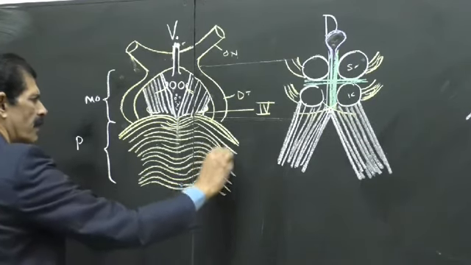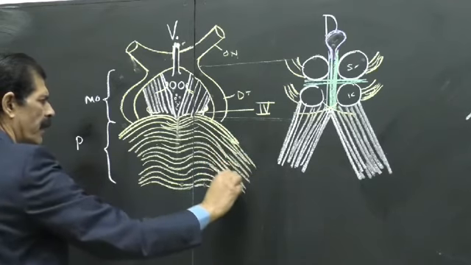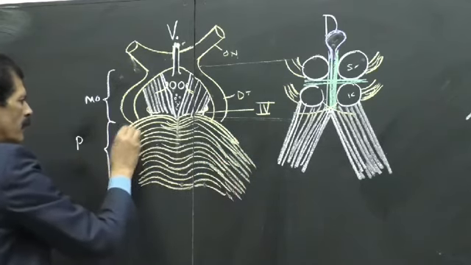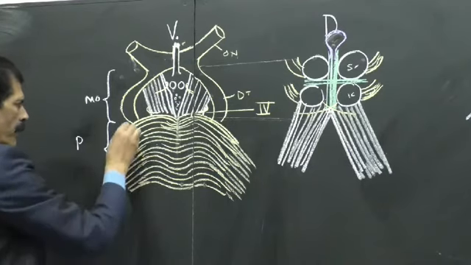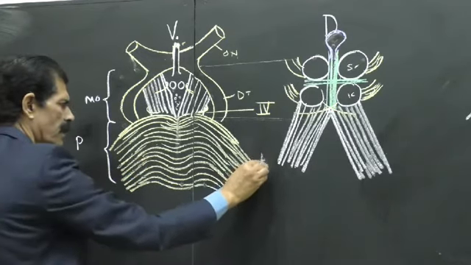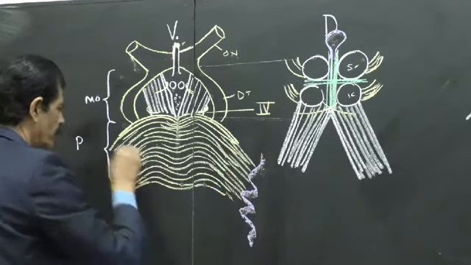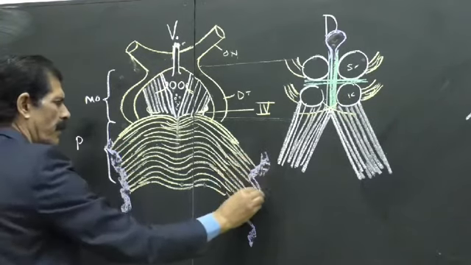Now, all its fibers laterally converge to form the ponytail of the Barbie, that is called the middle cerebellar peduncle, which also goes into the cerebellum.